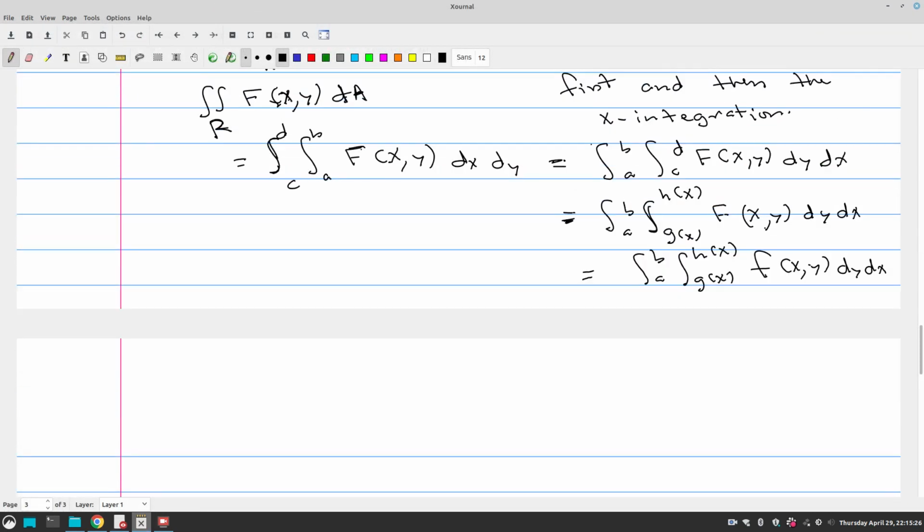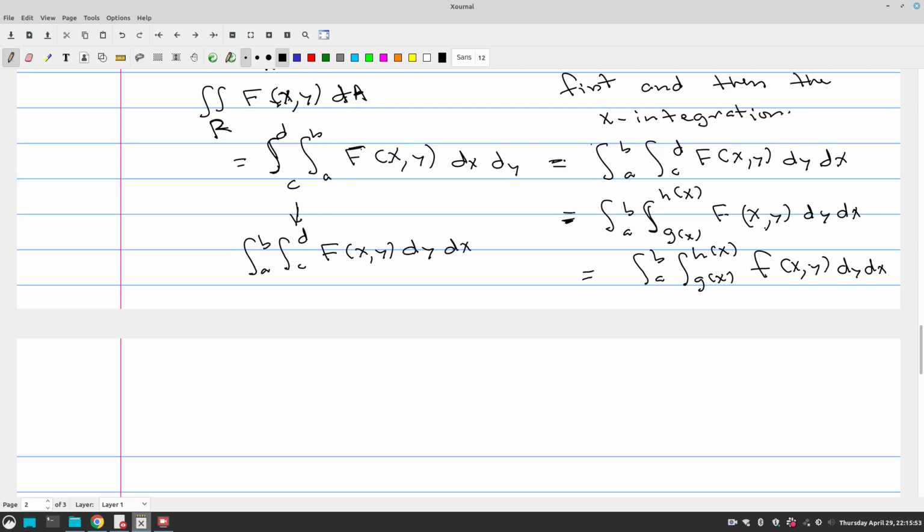The same expression can actually be written as this. From here we see that this can be written as the integral from a to b, c to d, f of x y dy dx.